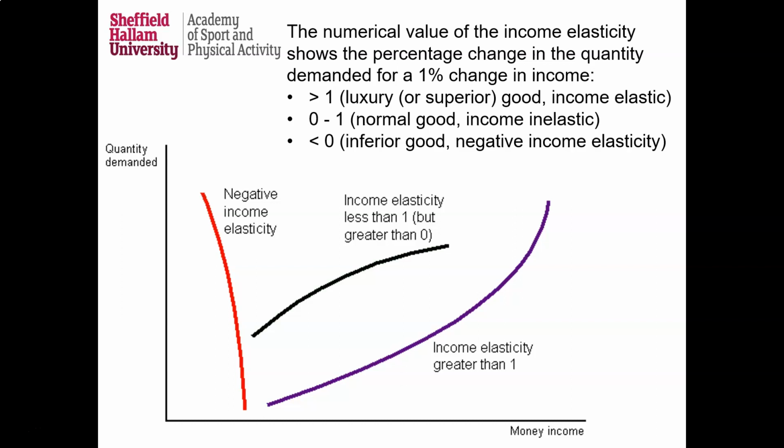So going back to our first and second weeks of lectures, when we looked at evidence for the relationship between incomes across Europe and the size of the sport economy in those different European countries, the evidence that allows us to say that sport is a superior good is the fact that countries with a higher GDP and GDP per head of population had a higher level of sport consumer spending per head of population than those economies with lower GDP per head of population.